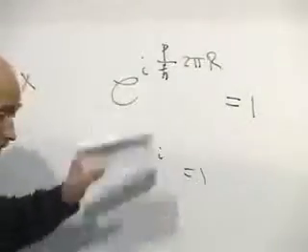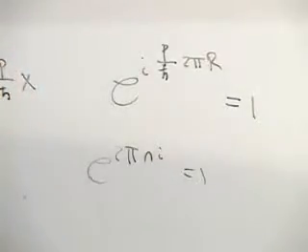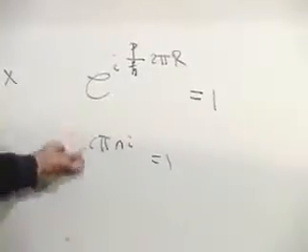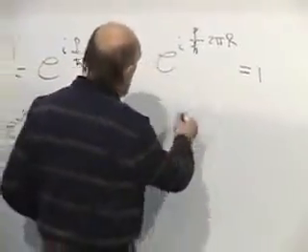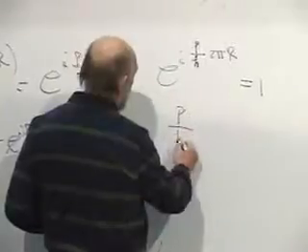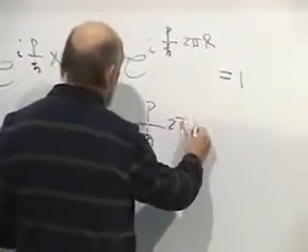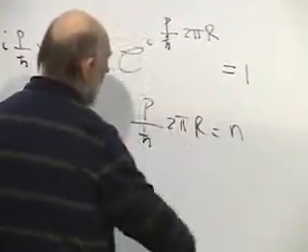And so the general solution to requiring the wave functions to be periodic is that p over h bar times 2 pi r should be an integer multiple of 2 pi.